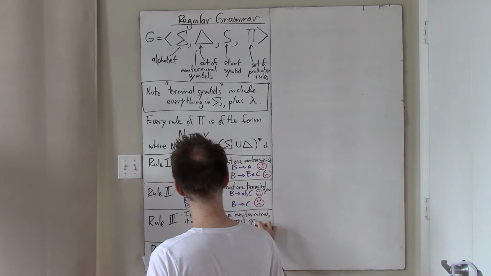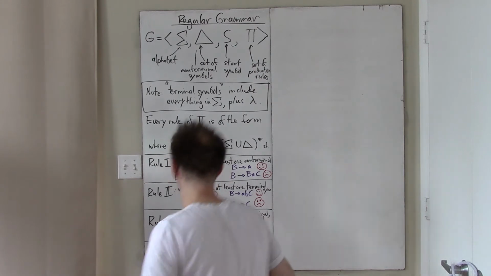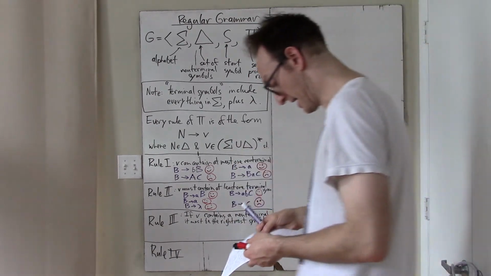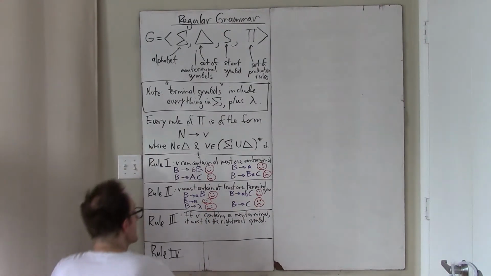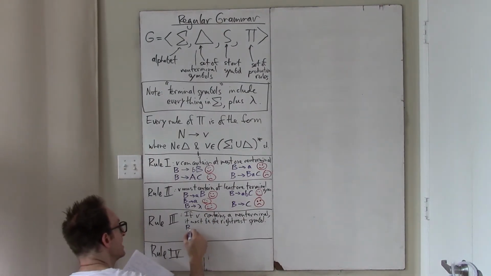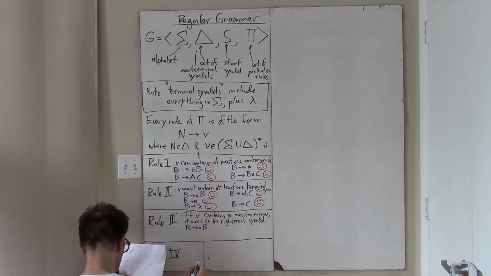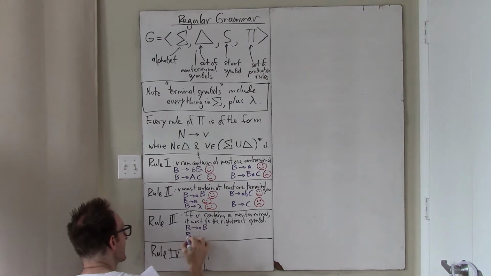Okay, let's just see some quick examples of this. It means that you can do things like B goes to AB, but you can't do things like B goes to BA.